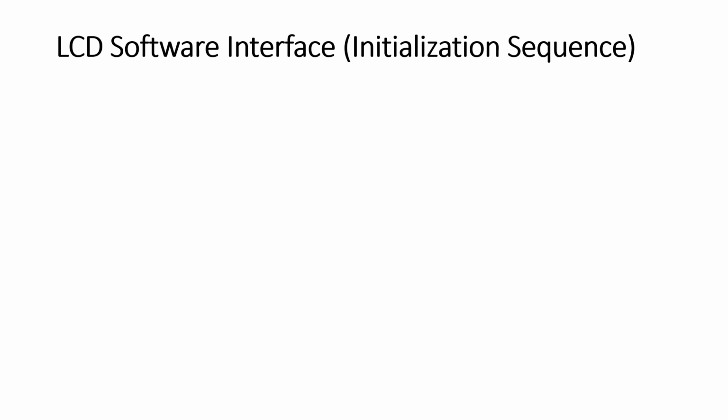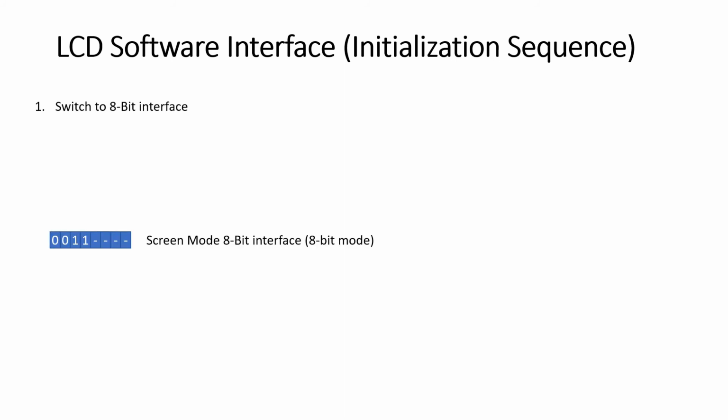Before the first character can be displayed on the LCD screen, there is a special kind of initialization that has to be done. This is a sequence of commands where, first of all, we have to make sure that we are in 4-bit mode. Interestingly enough, the way to be sure to be in 4-bit mode leads over the 8-bit interface mode.